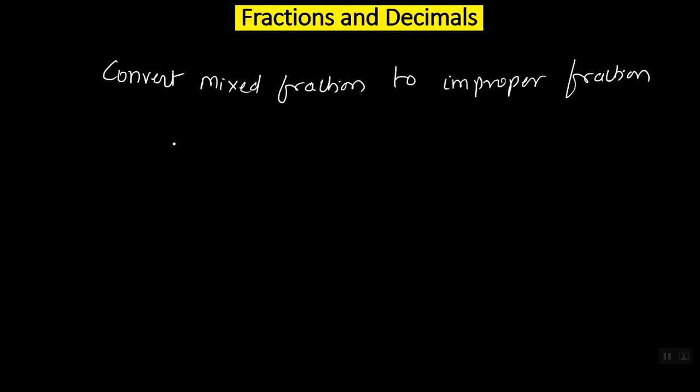For example, if the question includes something like 2 2/3, as I told you, this is also equivalent to 2 plus 2/3, right? So how do we convert this? I told you that whenever you are adding or subtracting fractions, you have to make a common denominator. 2 plus 2/3.